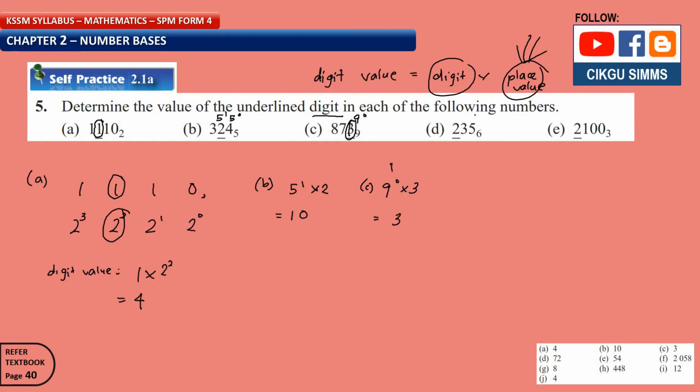So for question D, 6 to the power of 0, 6 to the power of 1, 6 to the power of 2. So 6 to the power of 2 times 2, you get 72. Question E, 3 to the power of 0, 3 to the power of 1, 3 to the power of 2, 3 to the power of 3. 3 to the power 3 times 2, get 54.